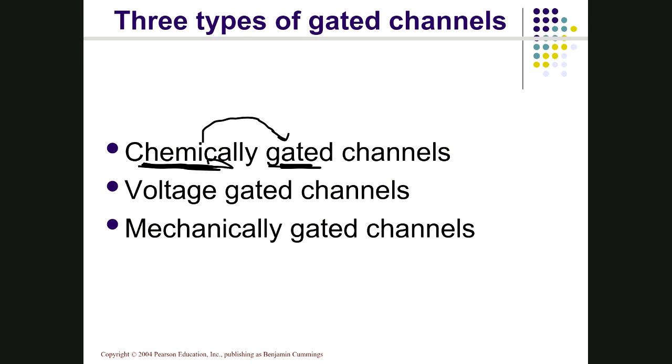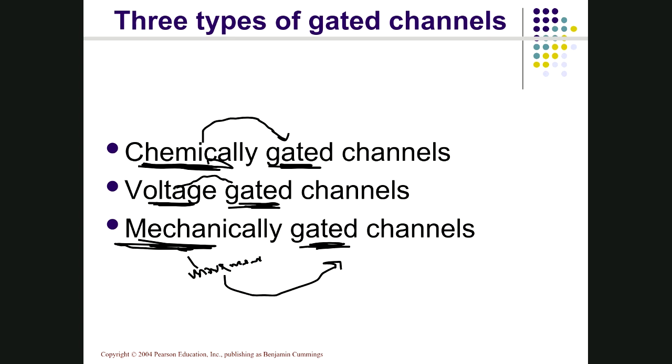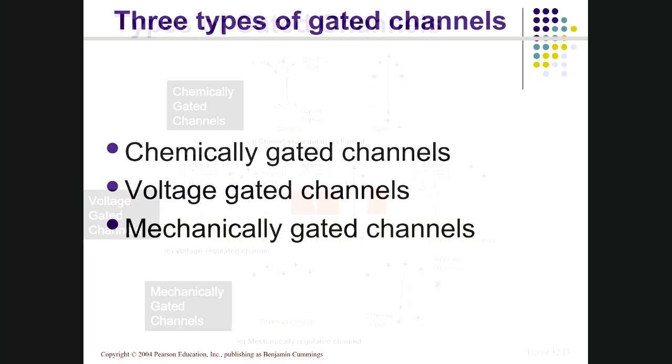They're chemically gated channels. Or we can have mechanically gated channels. Mechanical means movement, pressure, pushing, something like that. Movement opens the channel. And then we also have voltage gated channels. And voltage is electricity. So electricity is going to open the channel. So when we look at these, what we're going to see are all three types.